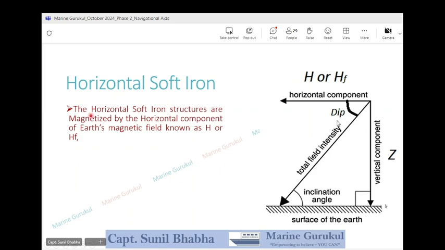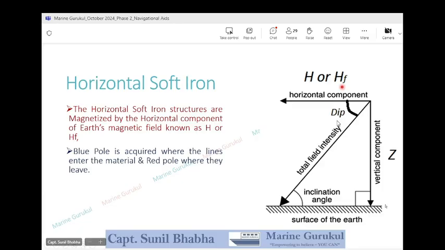Now, obviously, if you have a horizontal soft iron structure on board, it will be magnetized by the horizontal component of the Earth's magnetic field, that is H or HF. Now, how is it affected? A blue pole is acquired where the lines of force enter the material, and the red pole is acquired where they leave the material.